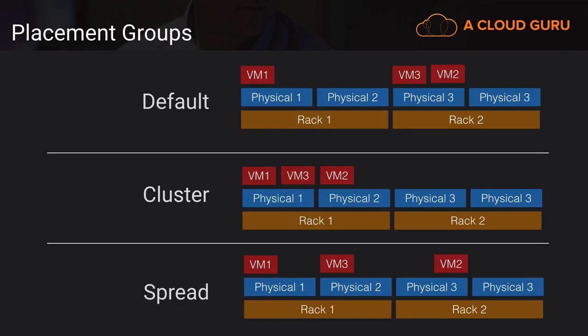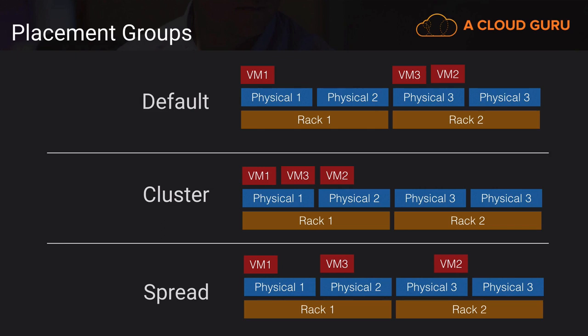So let's look at some visual examples. I think that may help reinforce some of these concepts. By default, AWS will just allocate space for your virtual instances on whatever rack and whatever physical machine it can use. It tries to spread this equally. Let's say you have an application where you want those instances to be very close together.